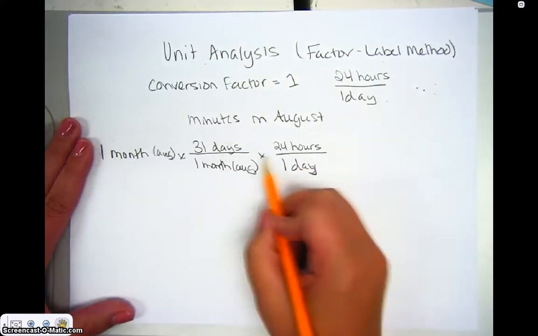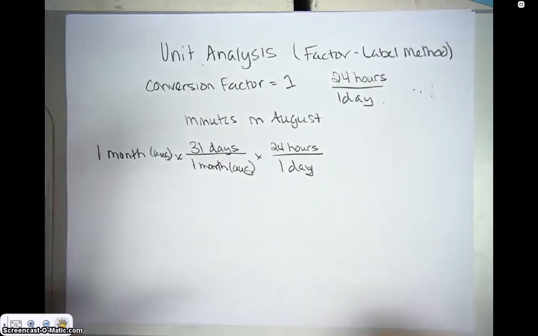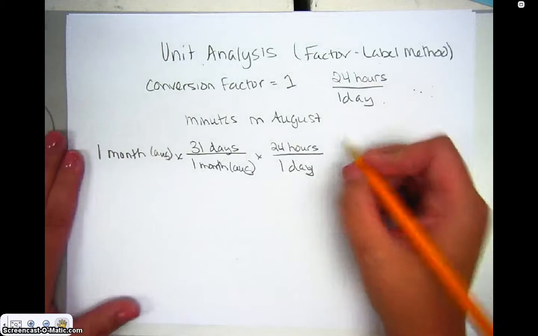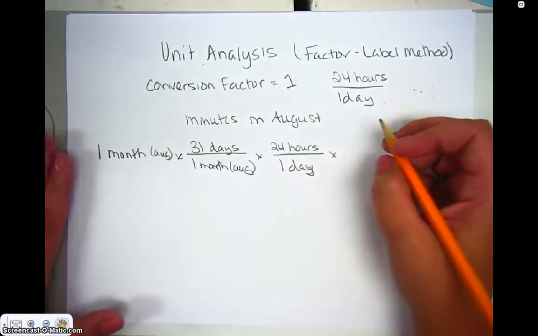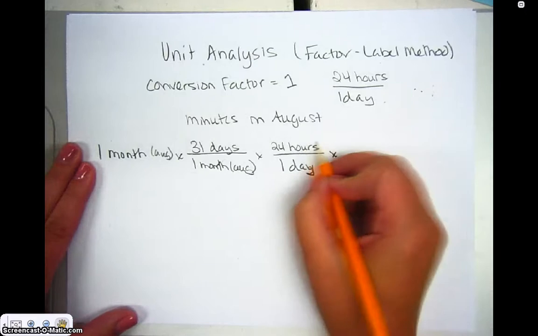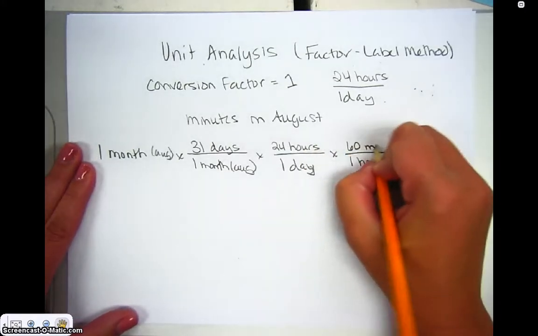And I multiply by my next conversion factor. The next step is to get to minutes. In every 1 hour, I'm trying to make the hour cancel out, there are 60 minutes.